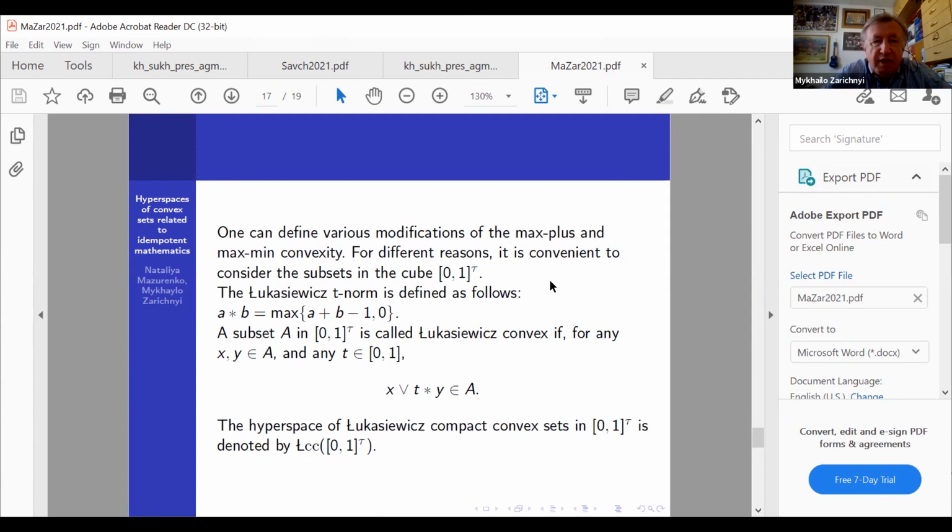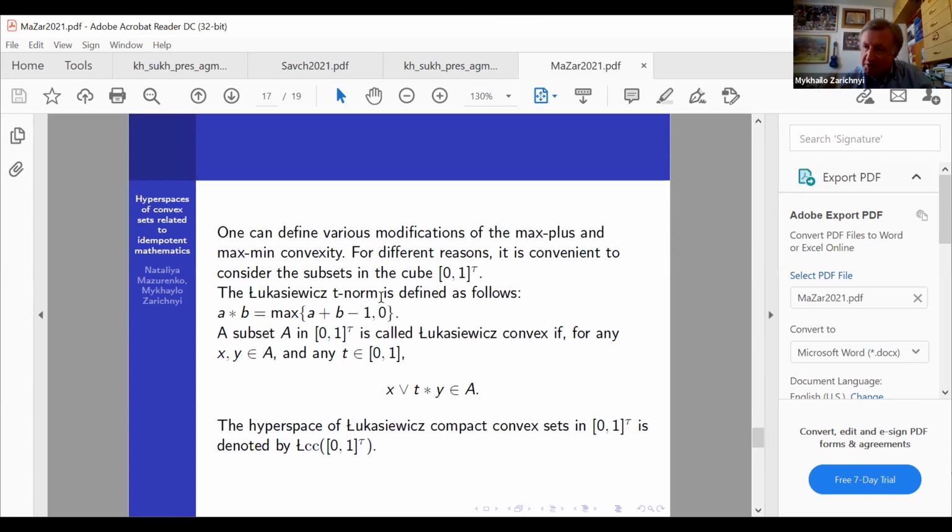To this end, we introduce the following operation. A star B is maximum of A plus B minus 1, 0. So we add A and B, numbers between 0 and 1, and subtract 1. If we are below 0, we replace this by 0. This is called the Łukasiewicz T-norm.